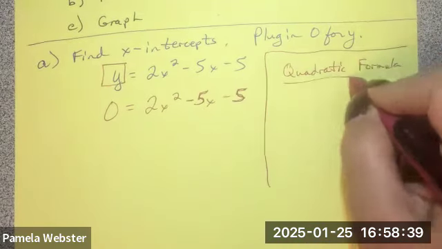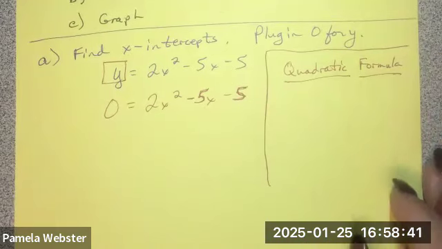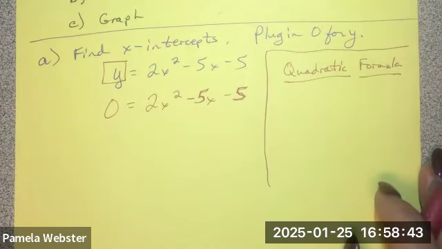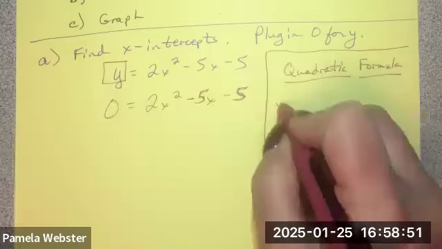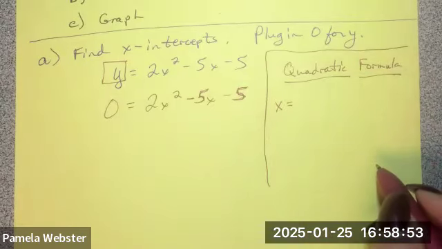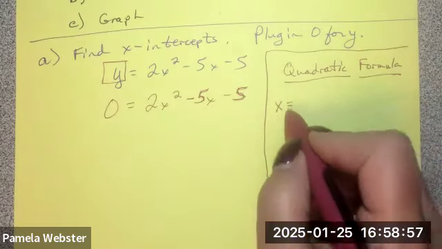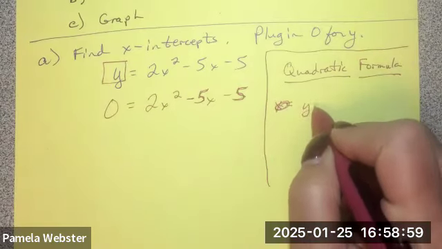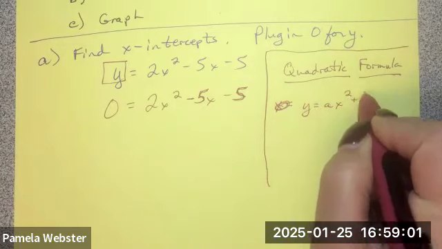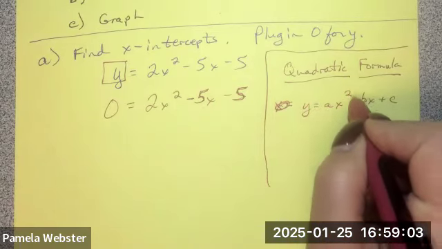Again, I hope you know the quadratic formula, that it's somewhere in the back of your brain rolling around. If it's not, then you need to stop and take some time to make sure you remember it. Let me back up a step: y equals ax squared plus bx plus c.